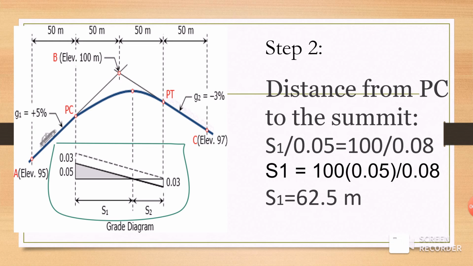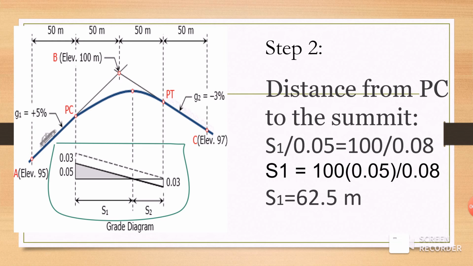S1 over 0.05 is equal to the width between PC and PT, which is 100 meters, over the sum of each grade, which is 0.05 plus 0.03.